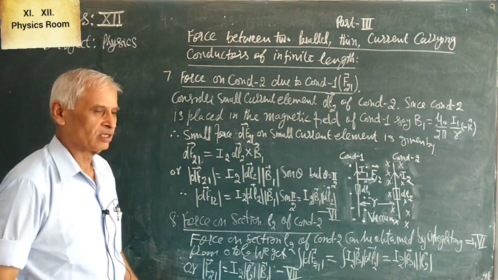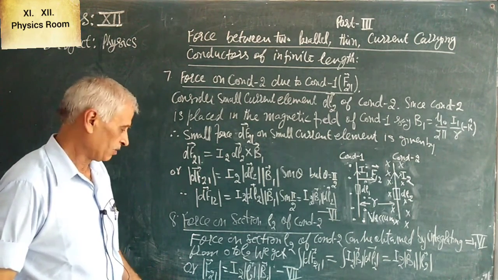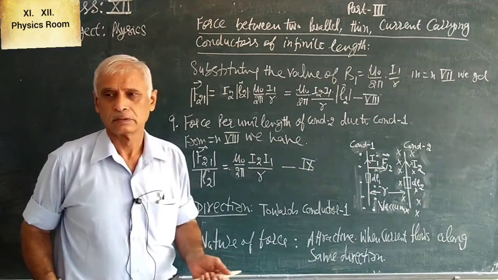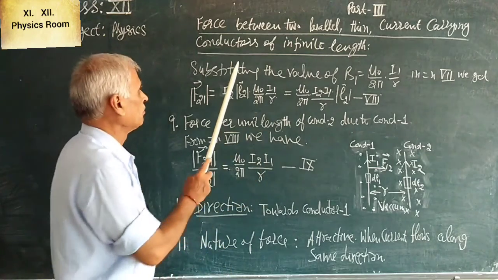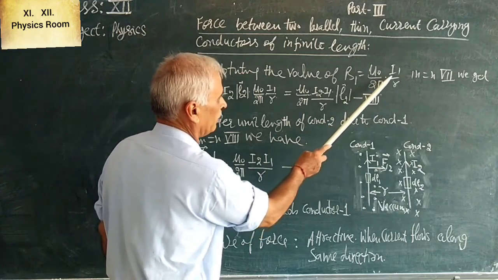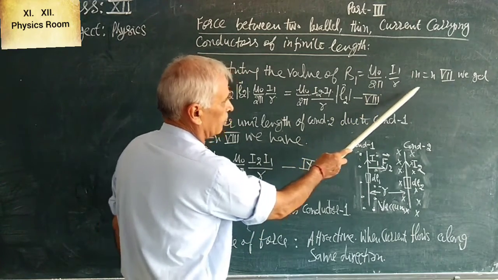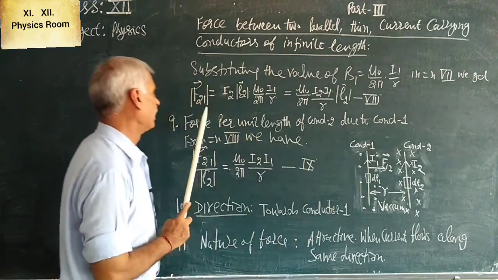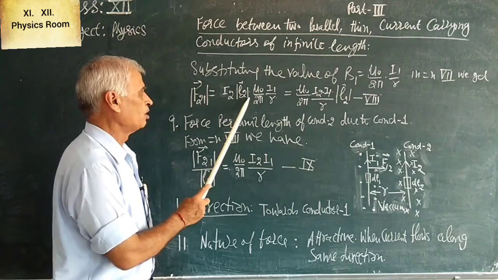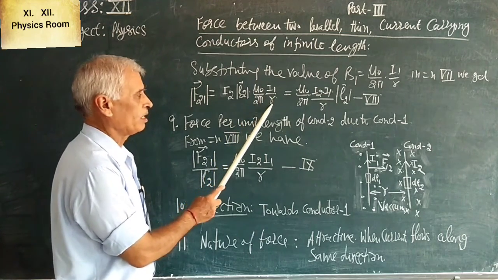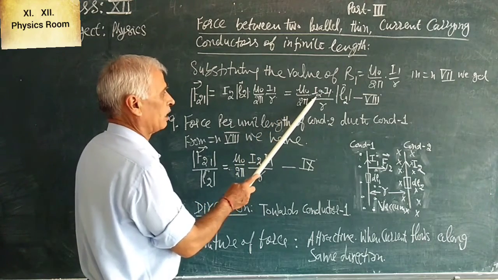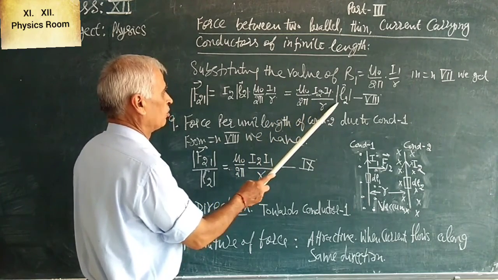Now this is the magnitude. Let us see further. Substituting the value of B1 equal to mu 0 by 2 pi I1 by R in equation 7, we get mod F21 is equal to I2 L2 into mu 0 by 2 pi I1 by R. It is equal to mu 0 by 2 pi I1 I2 by R into L2.